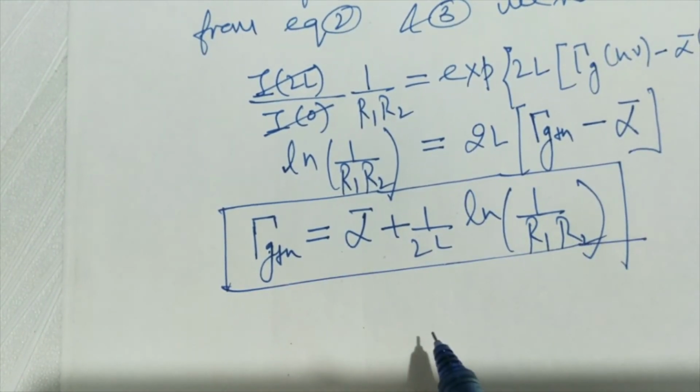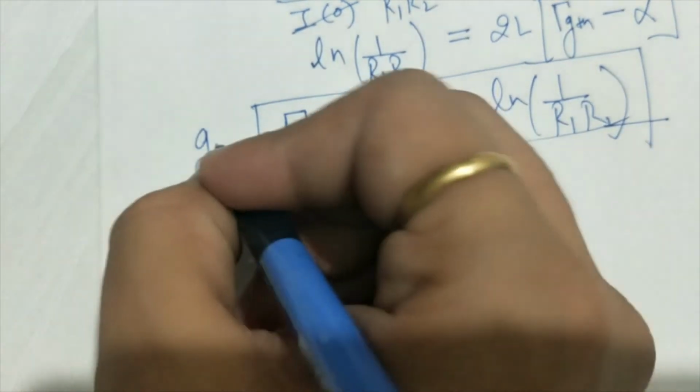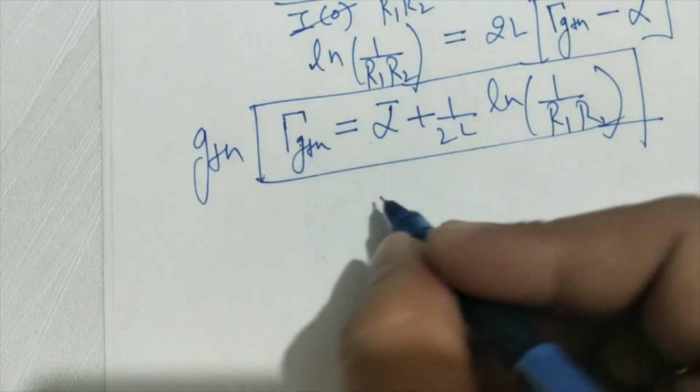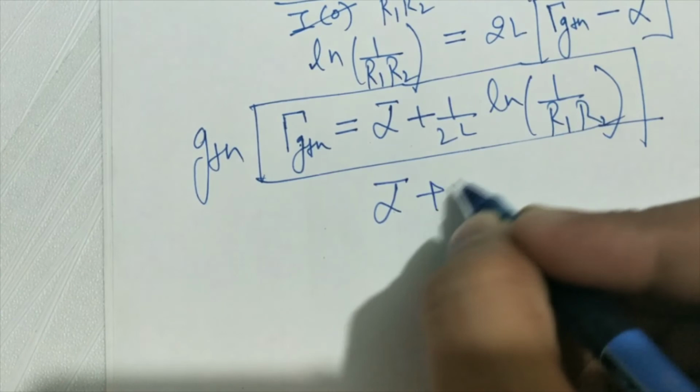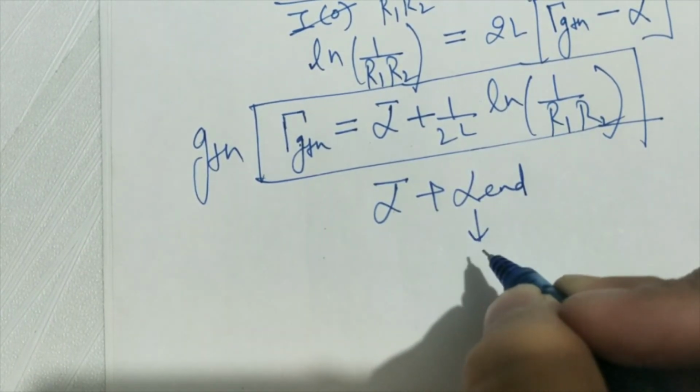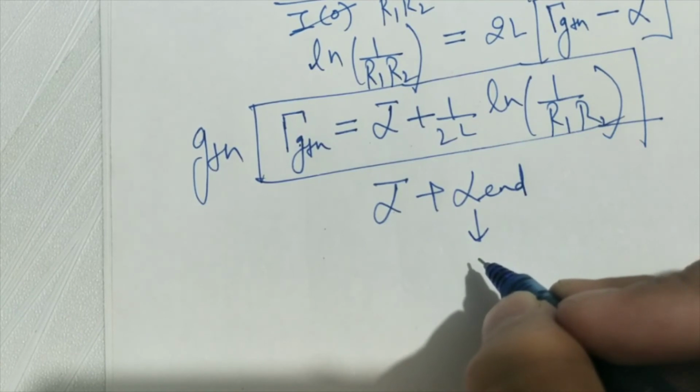This is the condition of lasing threshold, also known as g threshold, and it can be written as alpha plus alpha m, where alpha m is the mirror loss in the lasing cavity.